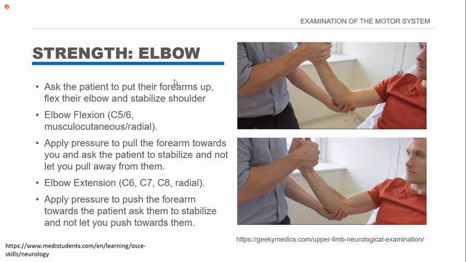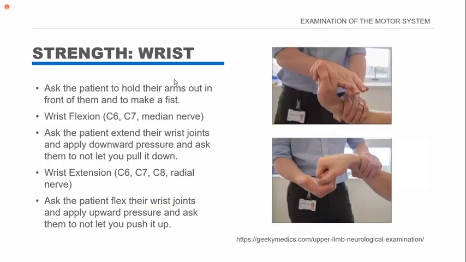Then for checking elbow extension, you apply pressure on the extensor surface of the forearm and ask the patient to push it downwards or towards you. While checking flexion, patient is pulling the forearm towards himself, and when you are checking extension, the patient is pushing it or forcing it towards you.